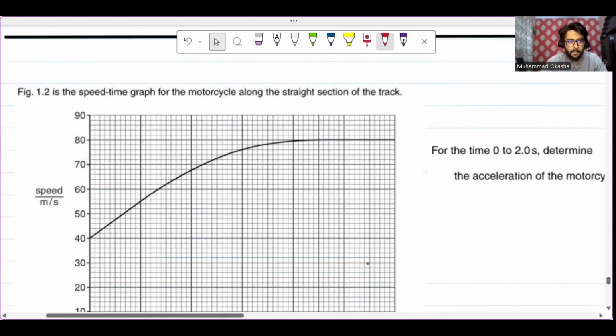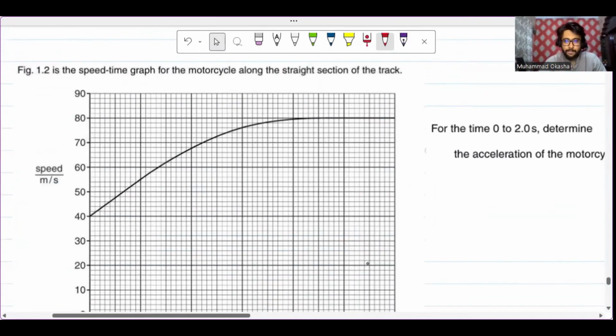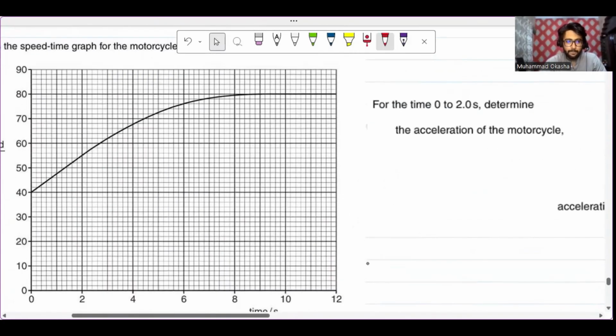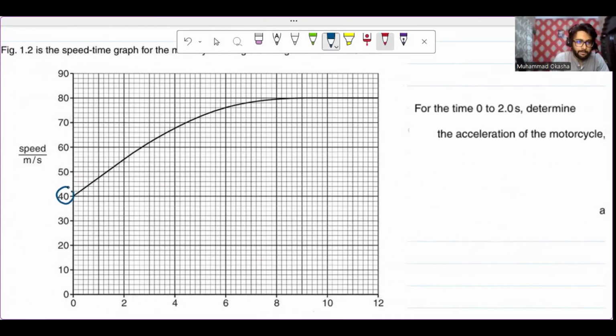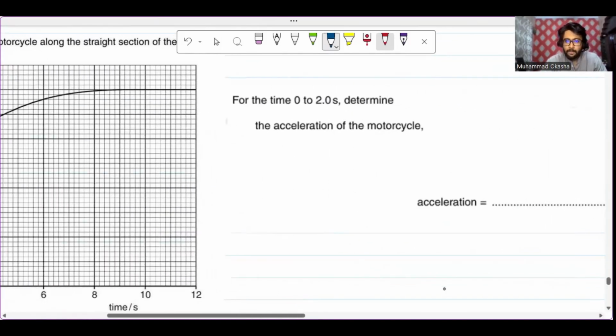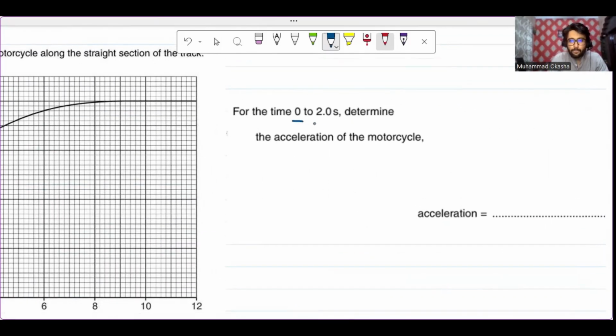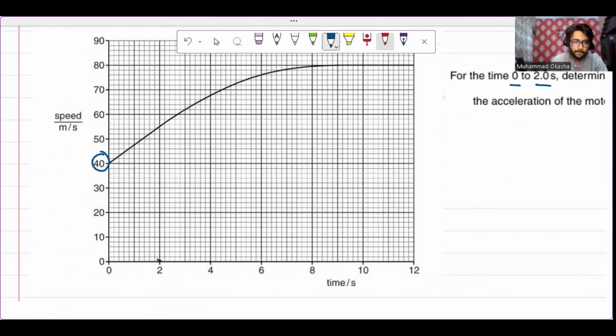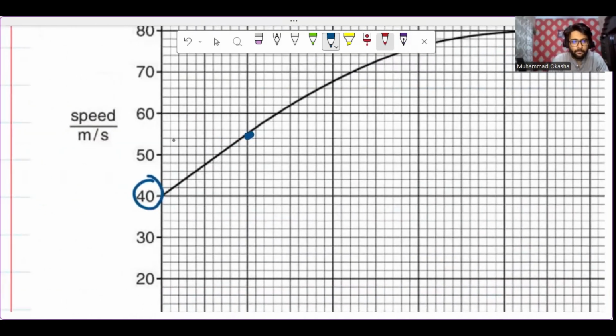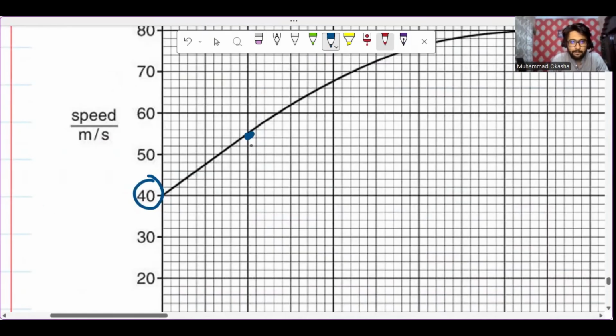Take a look at this question. Figure 1.2 is a speed time graph for a motorcycle along a straight section of the track. The graph starts at 40, which means initially the speed is 40. For time 0 to time 20, determine the acceleration of the motorcycle. So from time 0 to time 2 is here. At this point, what is the speed? Every box has 5 lines in between, which means every line represents 2 meters per second.